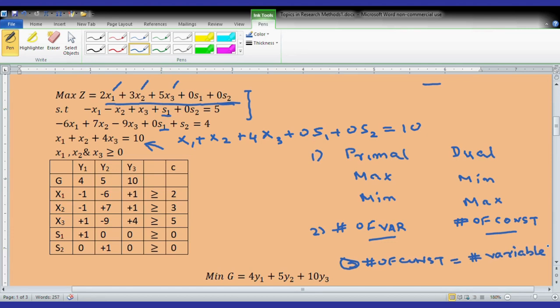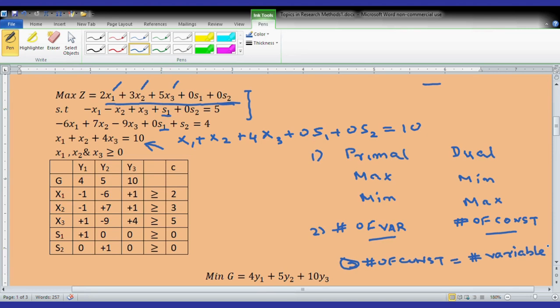Now, the question is why do we need to convert a primal into a dual? Well, the answer is that this conversion is a sort of convenience that may work to your advantage whenever it is possible.